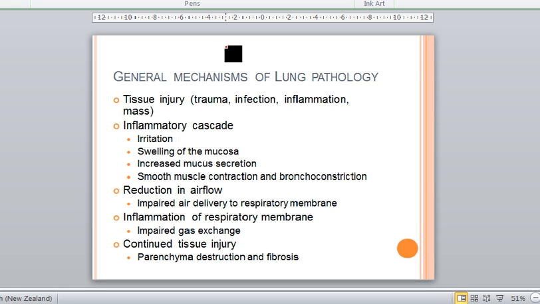Those are the main differences between obstructive and restrictive conditions. And in terms of specific pathologies, what happens? You see that most of the respiratory conditions that we're going to be talking about will have a component of inflammation, but they might have other causes or etiologies. They might result from trauma, from infection, or from the presence of a mass.